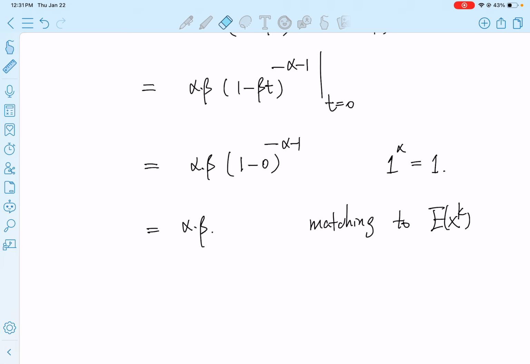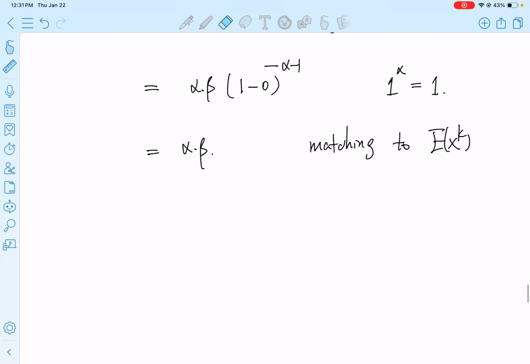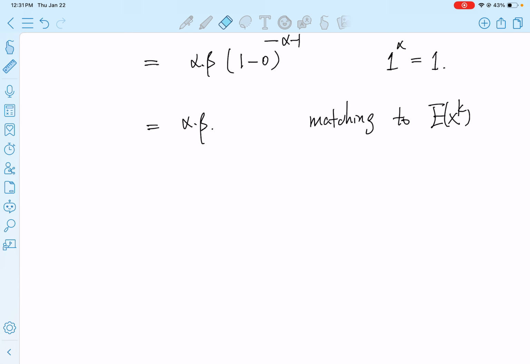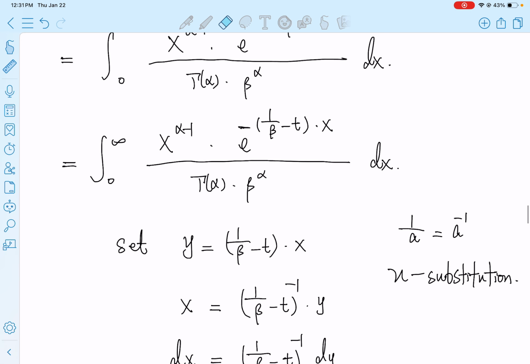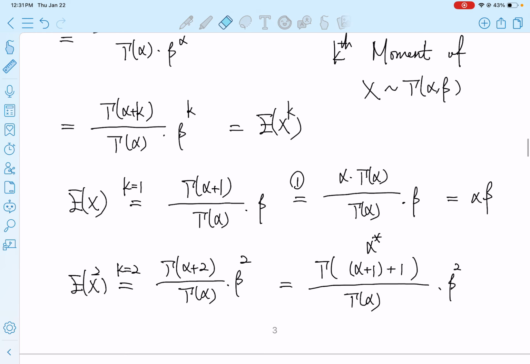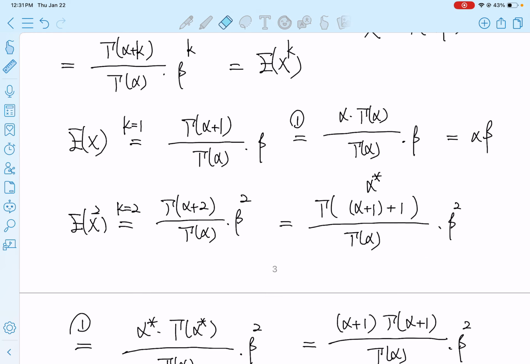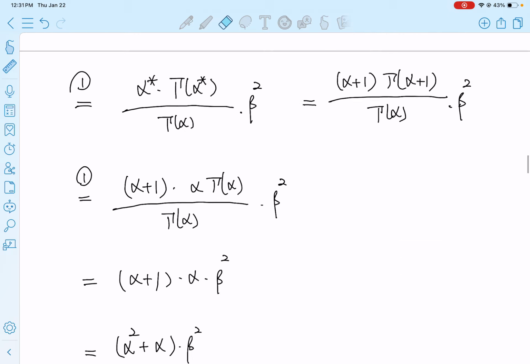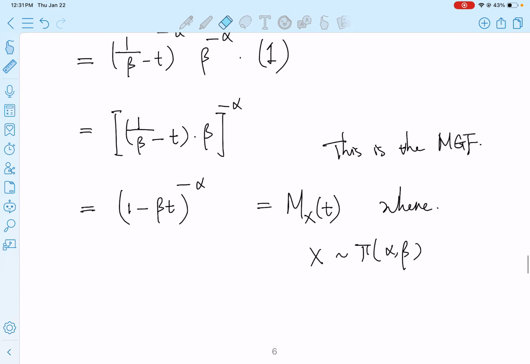Right now we use the moment generating function, and using the claim that we derived, we can see that we also get alpha beta. So the first moment is here. This is coming from the formula, and what we have here is coming from the moment generating function.